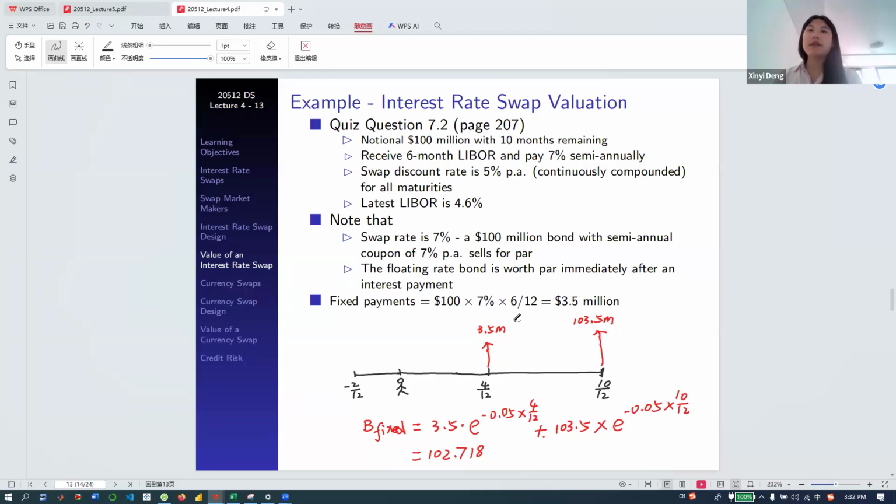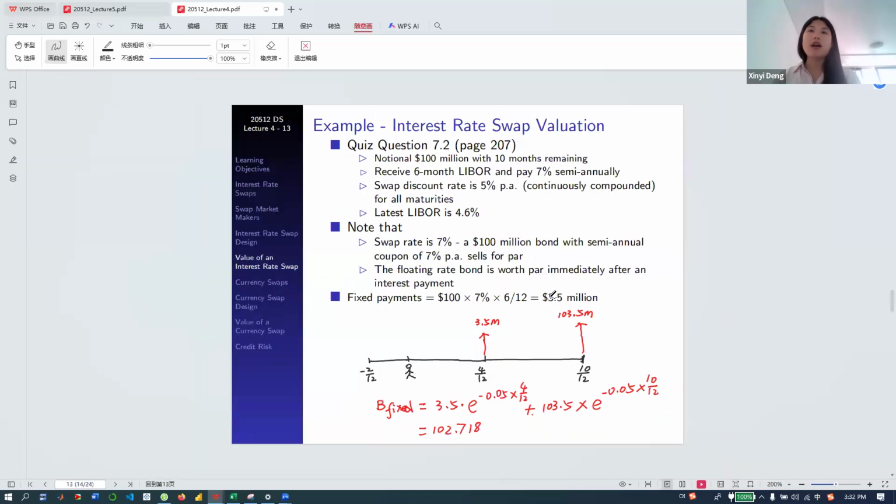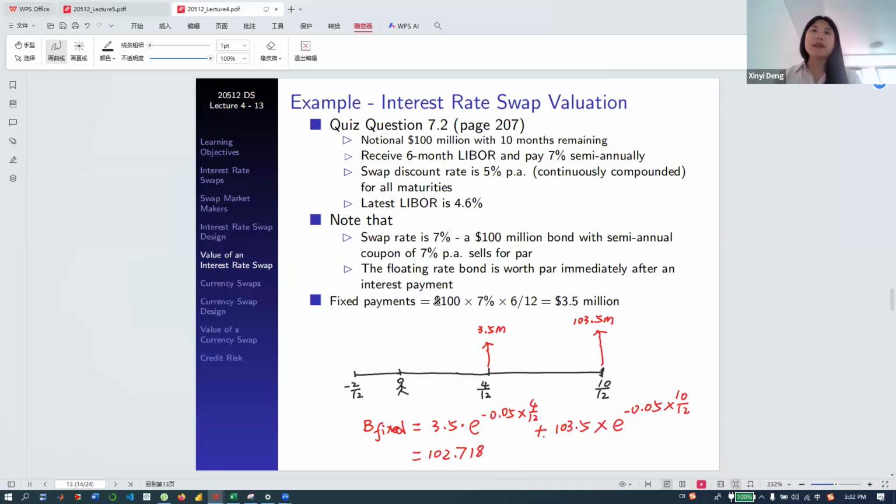Now we need to calculate the interest payment amount in order to do the discounting. It's shown here already, but let me just expand here.